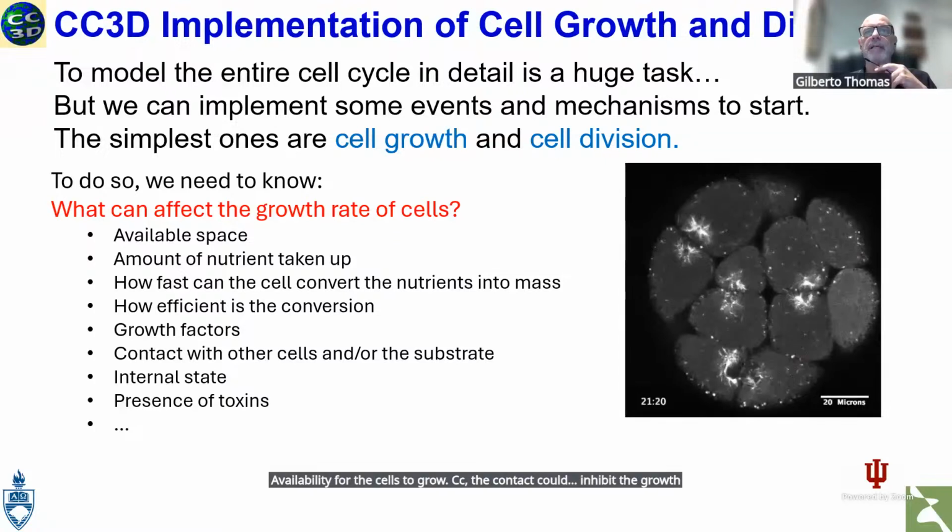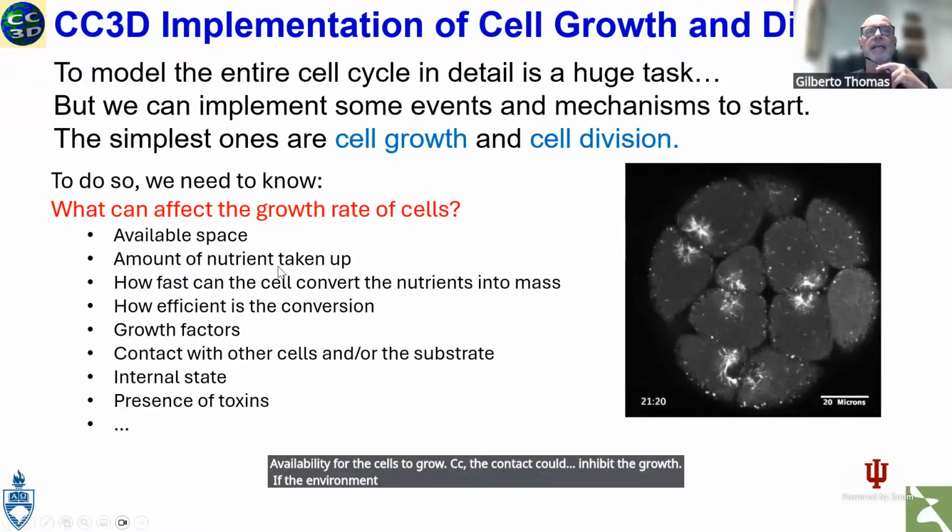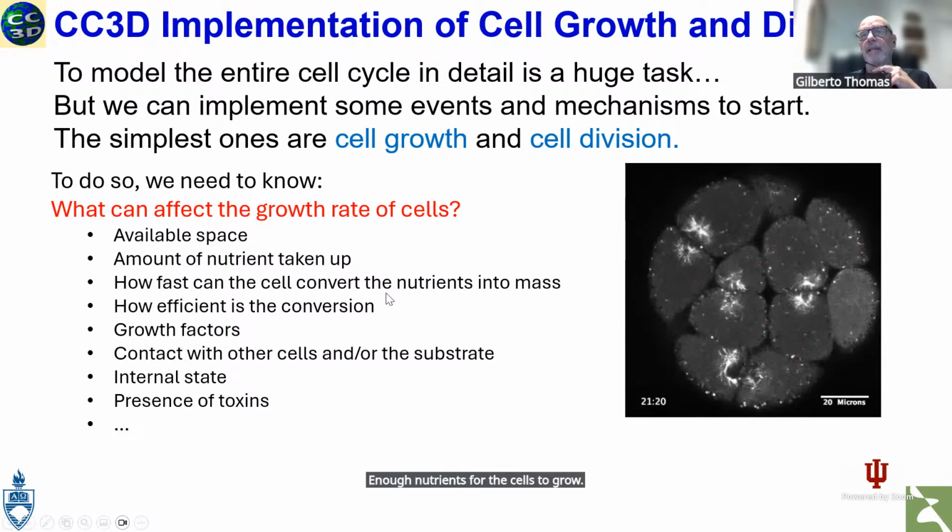If the environment has enough nutrients for the cells to grow, how fast the cells can convert the nutrients into mass, and how efficient is this conversion?